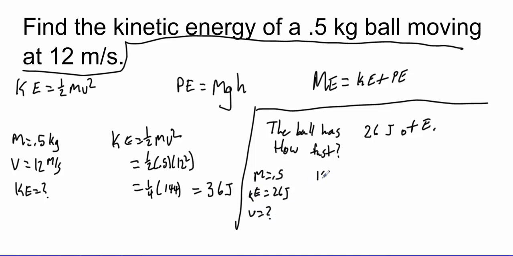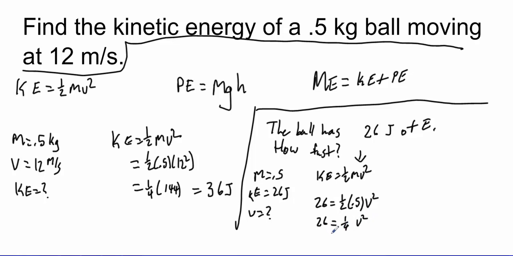Same equation, kinetic energy equals half mass times velocity squared, but we have to solve it for v, and that gets a little bit tricky. So let's put in what we know. 26 equals 1/2 times 0.5 times v squared. Well, again, half of 0.5 is 1/4, so 26 equals 1/4 v squared.